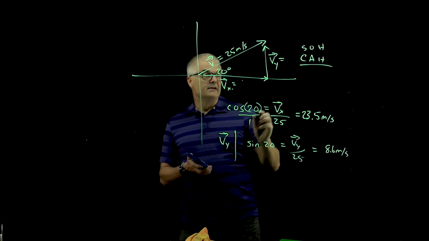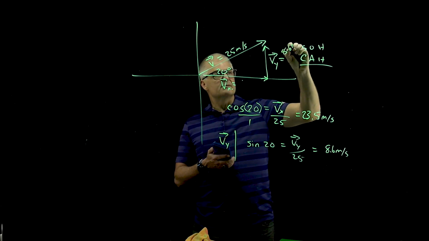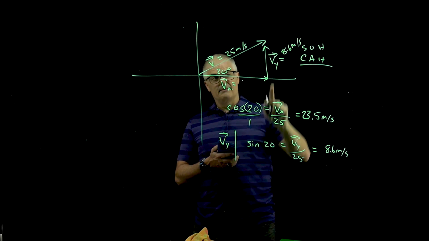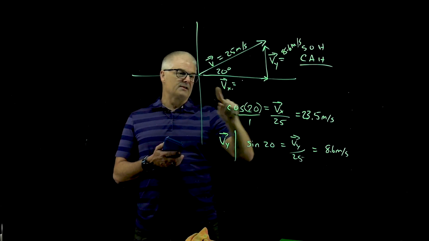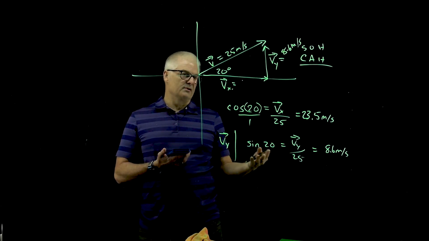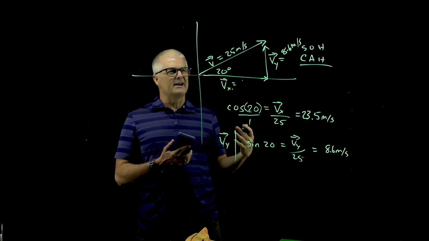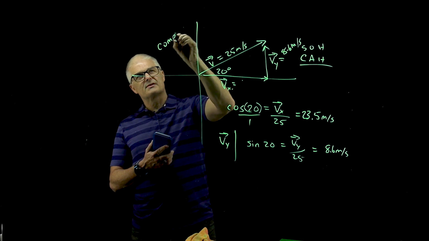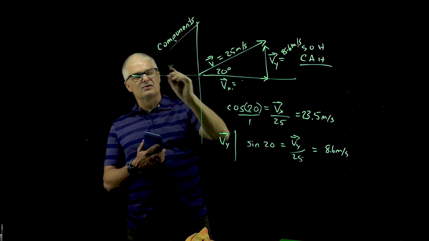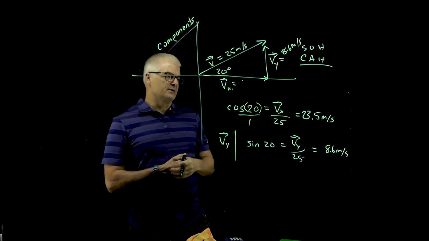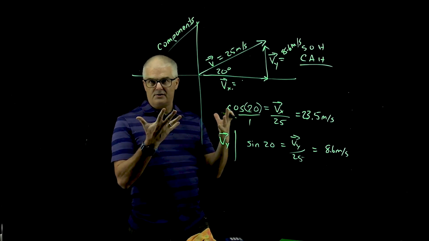So Vy is 8.6 meters per second. If I say y, I'm specifying a direction. Does that make sense? It means just up. And if I say Vx, I'm saying it's going to the right. So it's important that we can break it down via the components. You'll find this is super important when we're trying to figure out where a ball lands when we shoot it up, et cetera. So yeah, hey Houston, we don't have a problem.